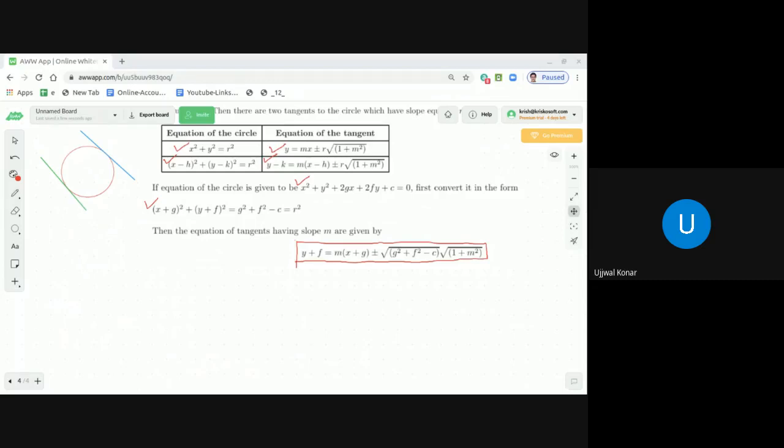Now the last point I would like to mention is the condition of tangency for the line y equal to mx plus c on the circle x square plus y square equal to r square.